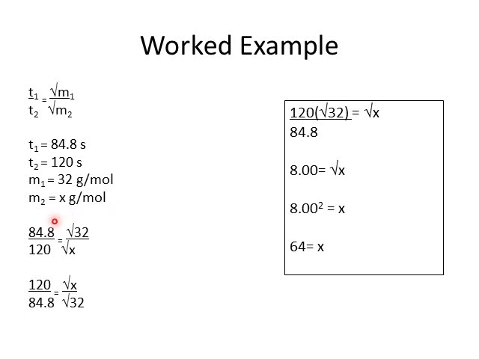When I fill that data into the equation, I end up with 84.8 divided by 120 is equal to the square root of 32 divided by the square root of X. Now you'll notice in this example compared to the last one that the square root of X is actually on the bottom of the fraction as opposed to the top. The reason being was because of how I chose my pairs, whether I labeled them as 1 or 2.